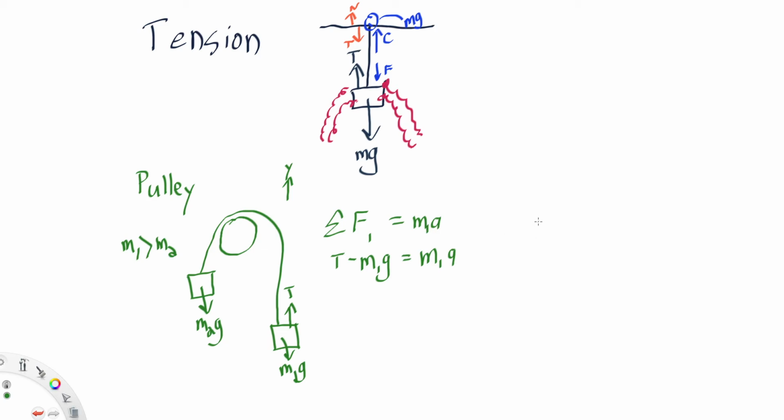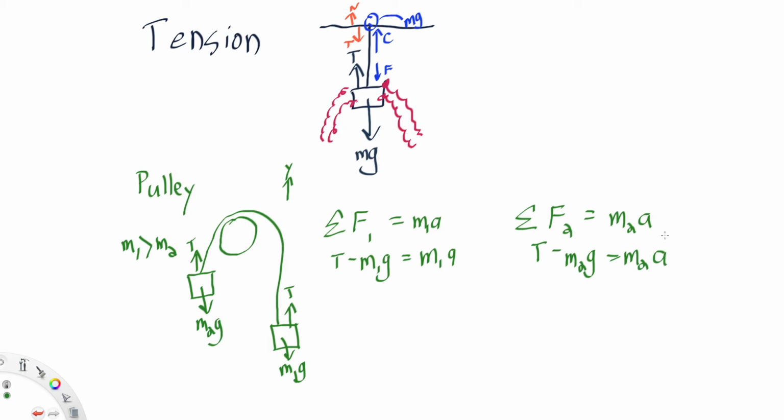Well, what does Newton's second law have to say about the second box? Sum of forces on box 2 equals M2A. And box 2 similarly has a tension from the rope that is connecting them. So we have tension minus M2G equals M2A.